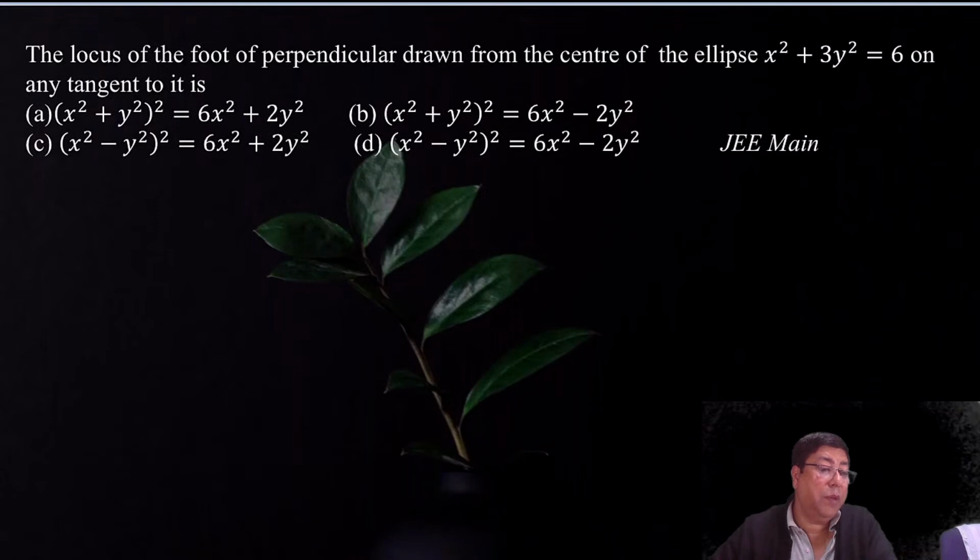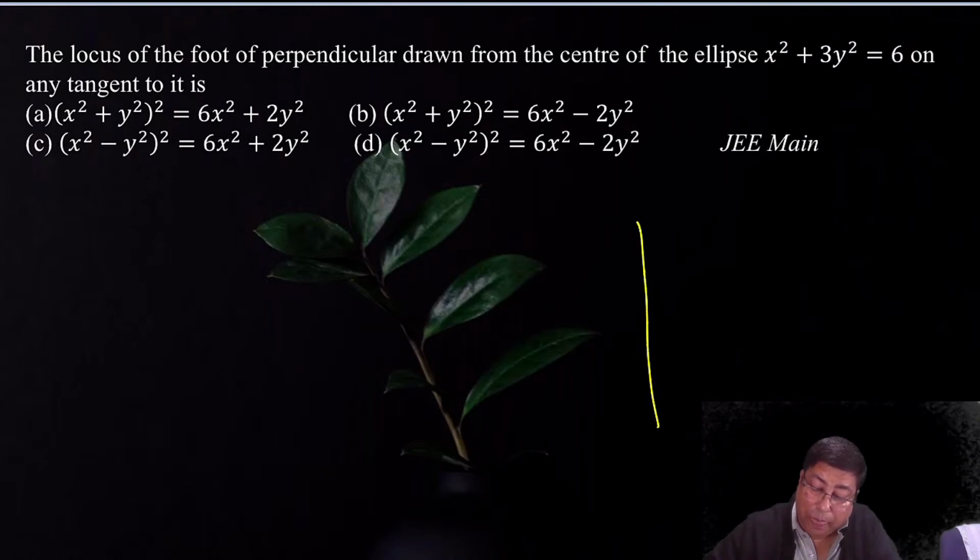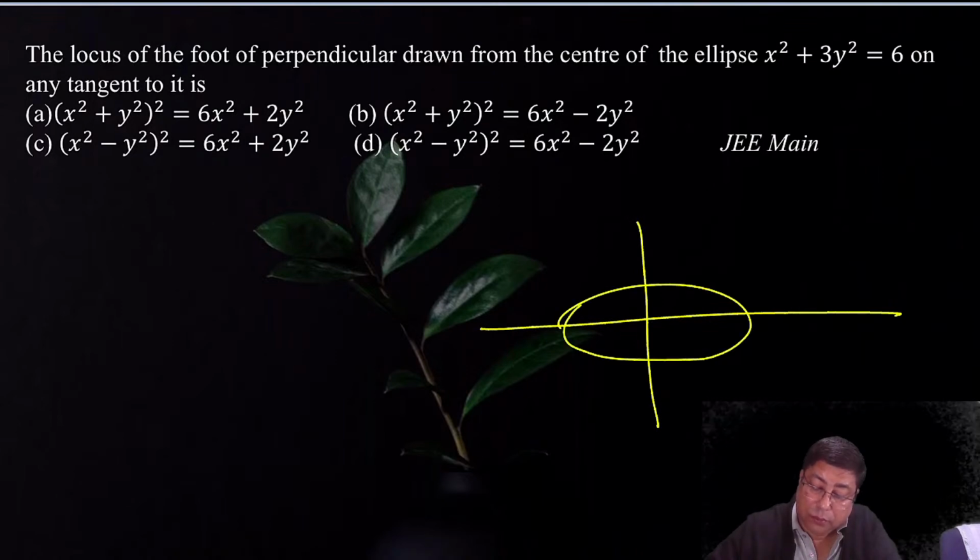The locus of the foot of the perpendicular drawn from the center on any tangent is what? It means if we draw the diagram, suppose this is the tangent.